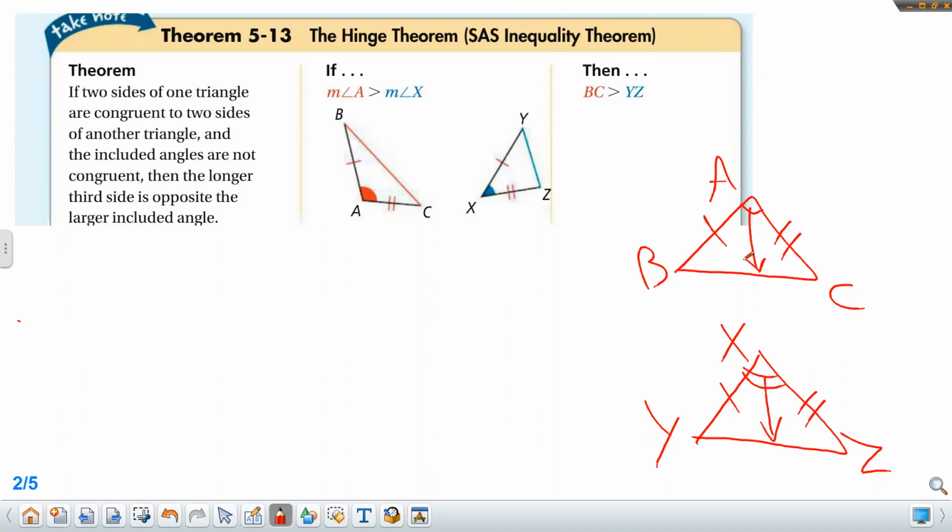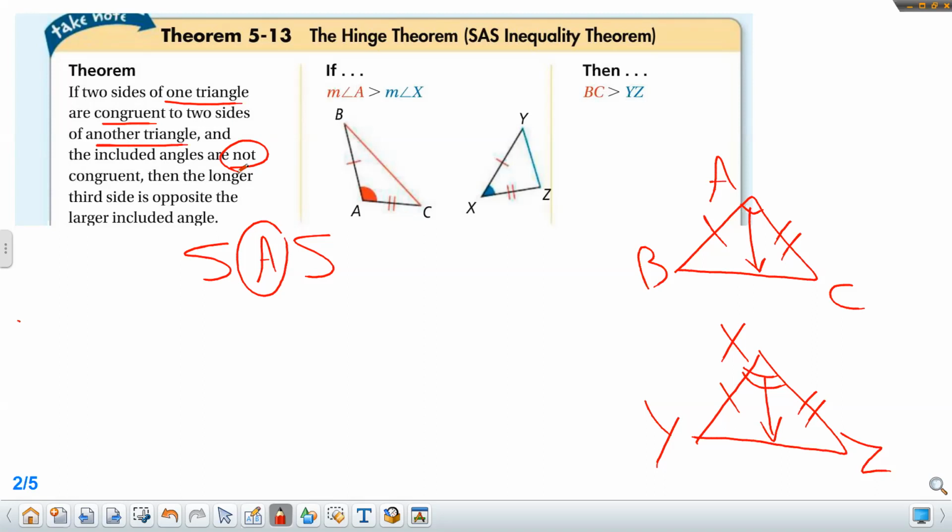So in this theorem, if two sides of one triangle are congruent to two sides of another triangle, and the included angles are not congruent, then the longer side is opposite to the larger angle.